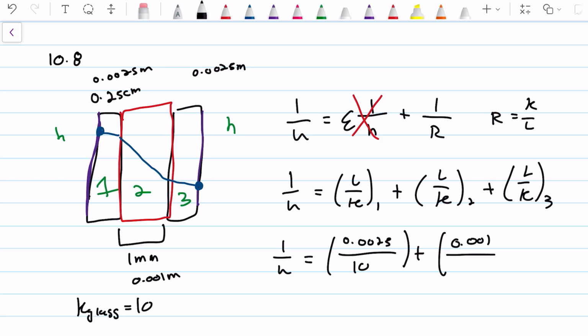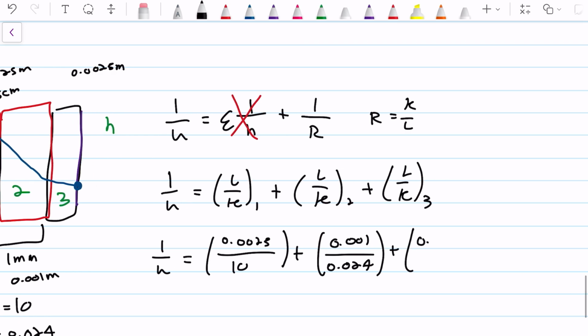The K of air for only conduction we also defined earlier. Oh, here we go, 0.024. 0.24 plus the same as the first term.